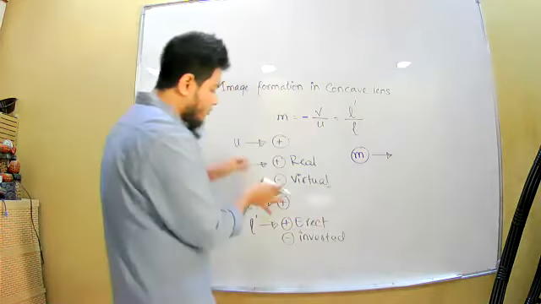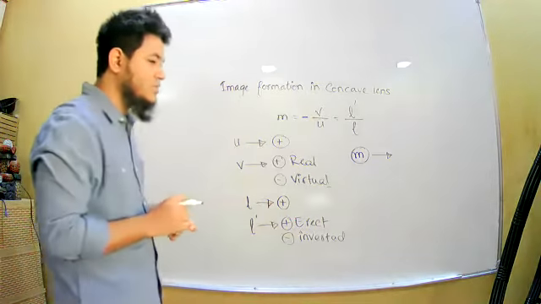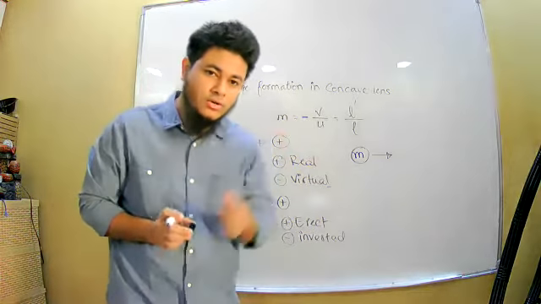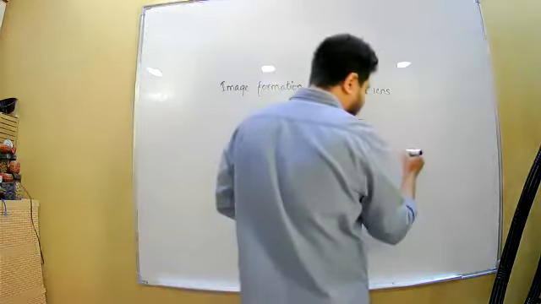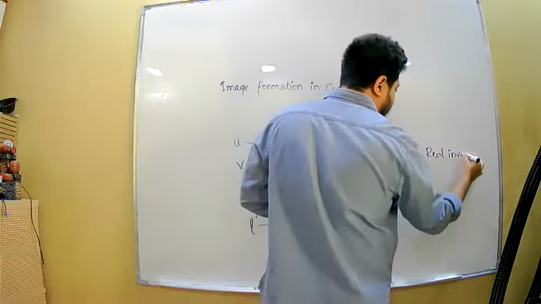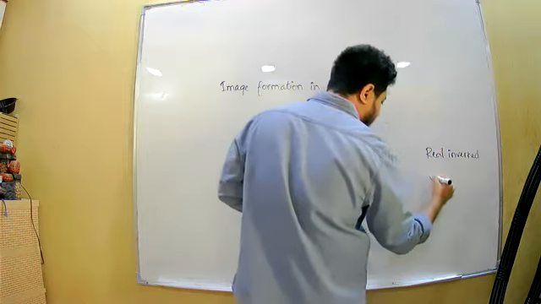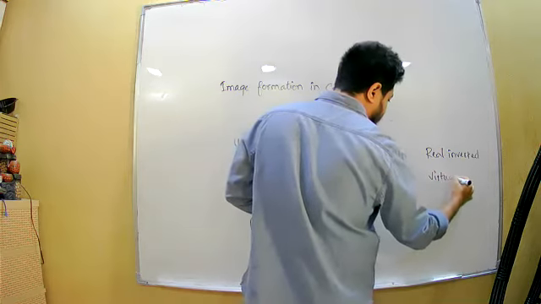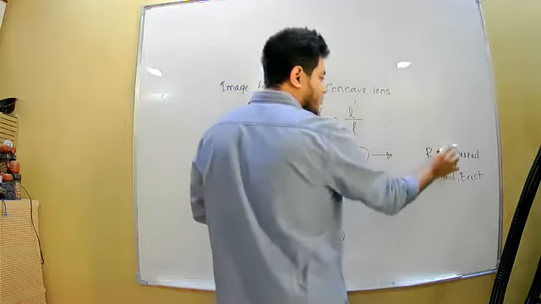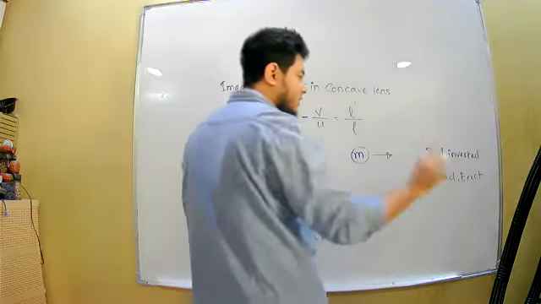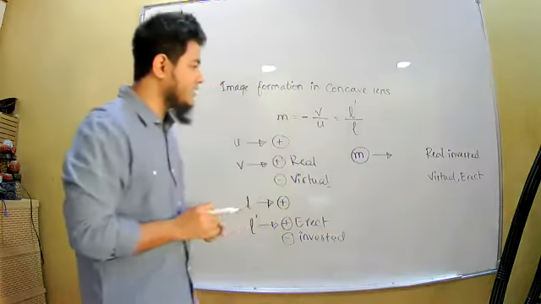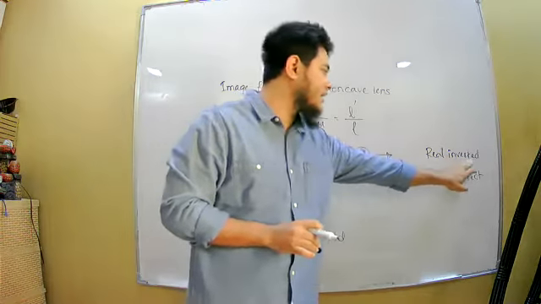So we will put this data over here and we will see when the image is real and inverted. We already know that there are two possible scenarios: the image can be real and inverted, or it might be virtual and erect. Like this, real and erect, right? Or virtual and inverted, no cross multiplication here. So real and inverted, virtual and erect. Let us consider that our image is real and inverted.